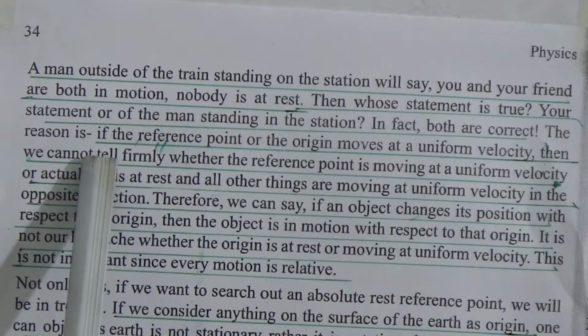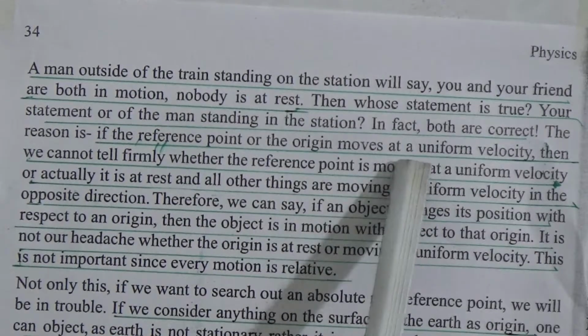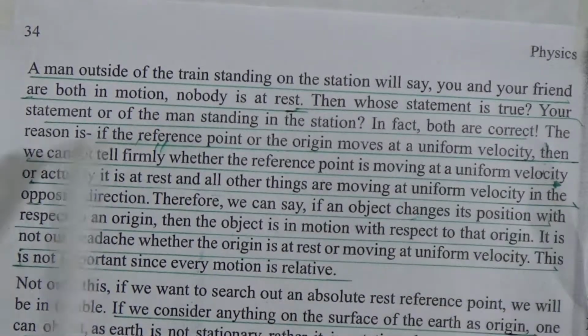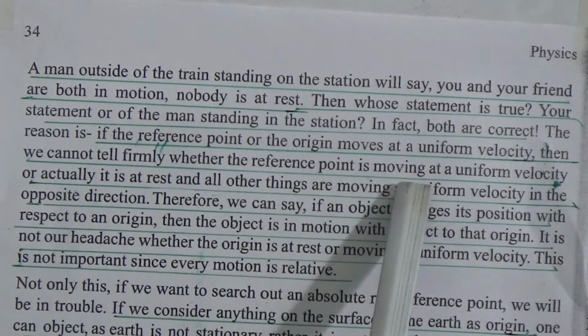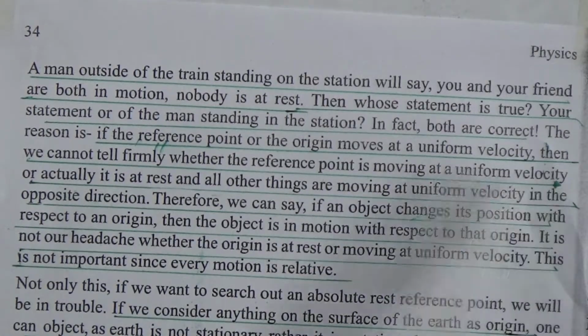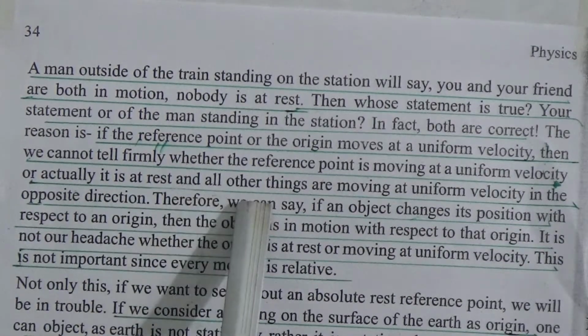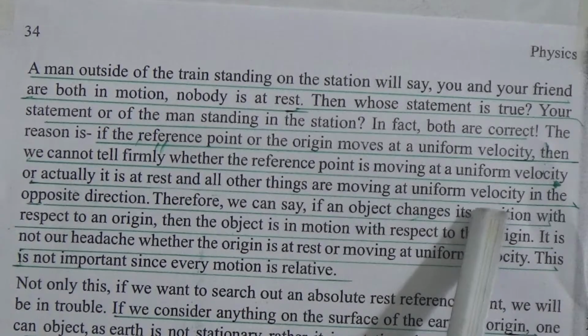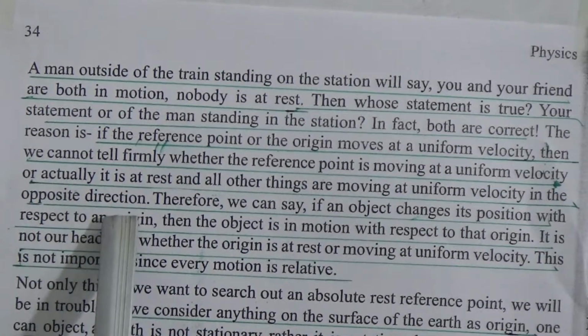The reason is, if the reference point or the origin moves at a uniform velocity, then we cannot tell firmly whether the reference point is moving at a uniform velocity, or accurately it is at rest and all other things are moving at uniform velocity in the opposite direction. I repeat, in the opposite direction.